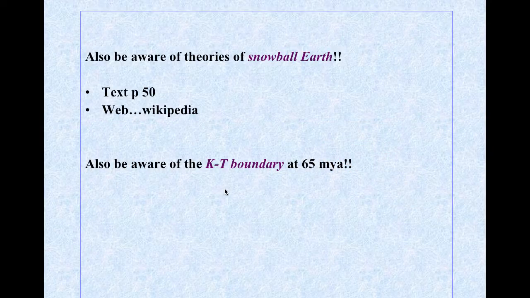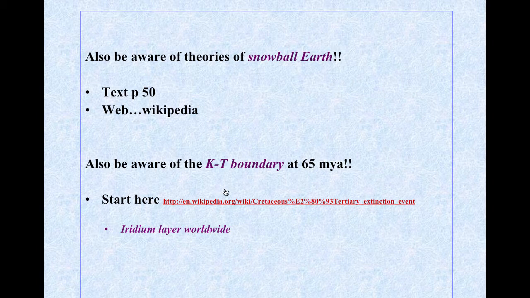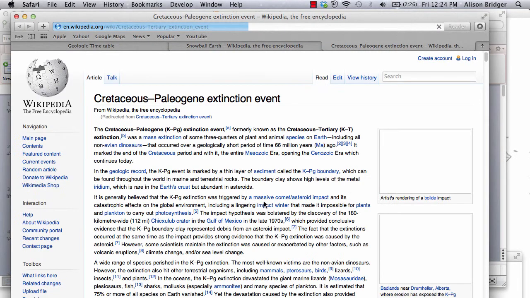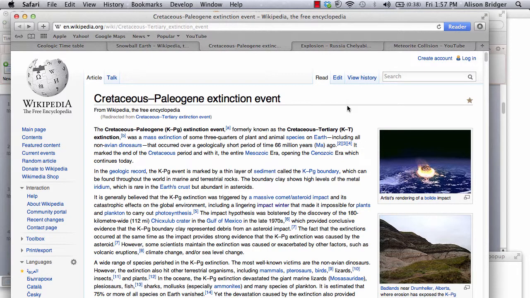There's actually something interesting about this. Here's a Wikipedia link that I forgot to open. Let's try opening this and see what happens. Alright then, so we're talking about the KT extinction event, and as the Wikipedia page shows you, this was a mass extinction of some 3/4 of plant and animal species on Earth, including all the dinosaurs except the ones that could fly.